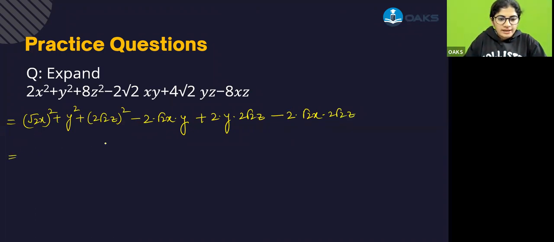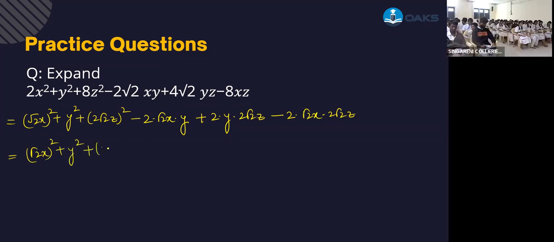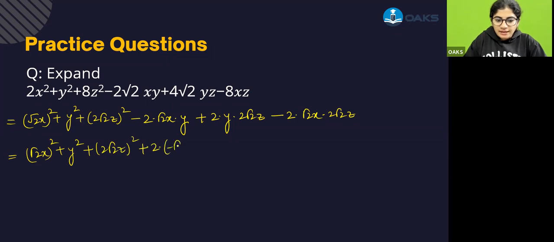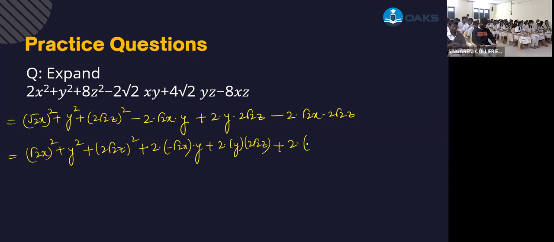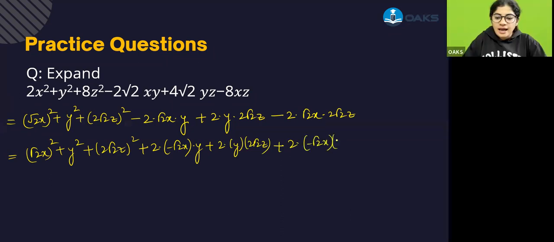Now, what I can write here is, I can write this thing as plus 2 into minus root x into y plus 2 into y into 2 root z plus 2 into minus root 2x and 2 root z. Now, here I can exactly get where minus is coming. Here I can exactly get that from where minus is coming.